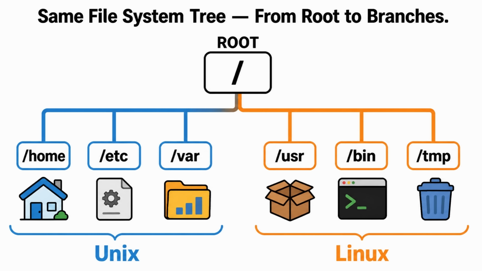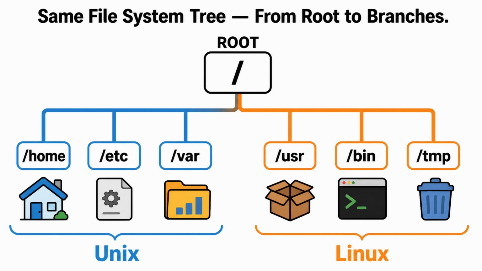Let's talk about file systems. Both Unix and Linux organize files in a tree structure, starting from the root, represented by a /. So / is the very top of the tree. Under it, you have directories like /home, /etc, /var, /usr, and these exist on both systems.